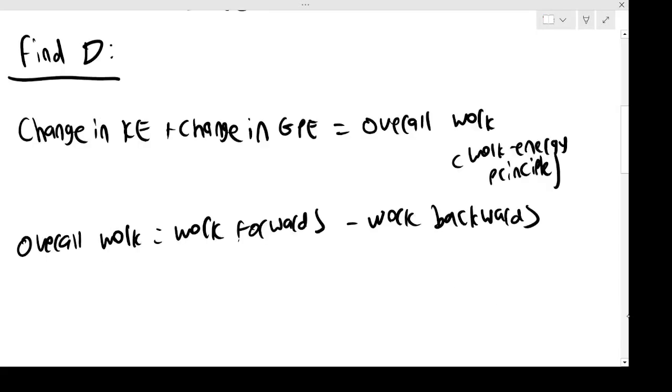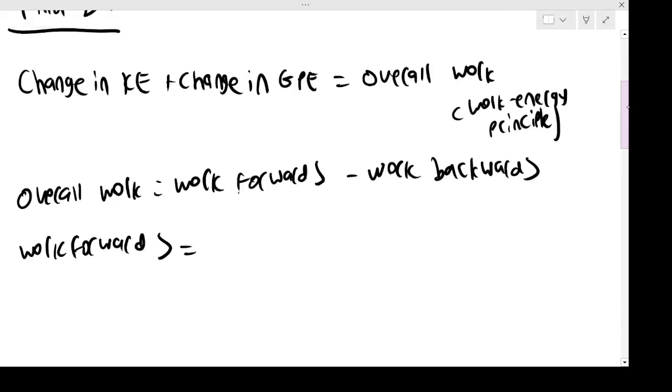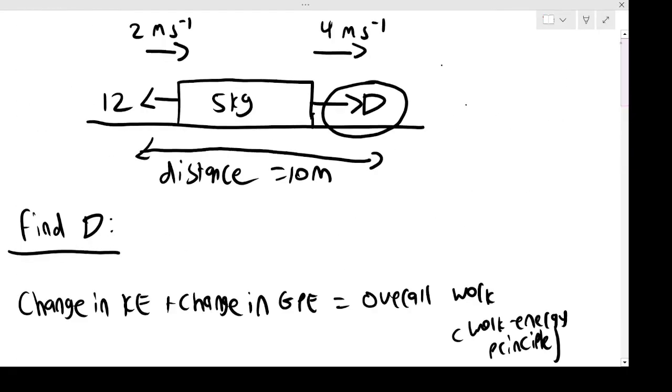So if I break this down, I now work out these two individually, the work done forwards first of all. If I refer back to the work formula, remember work is simply force times distance. We looked at this at the start.